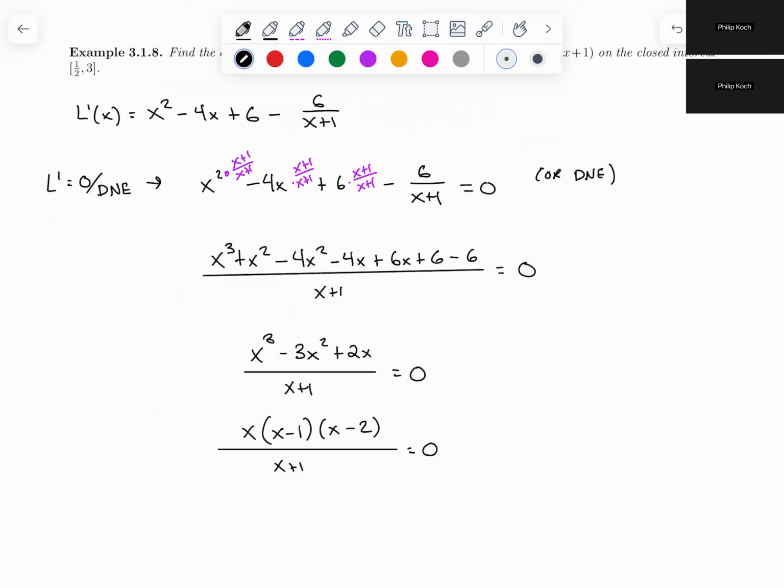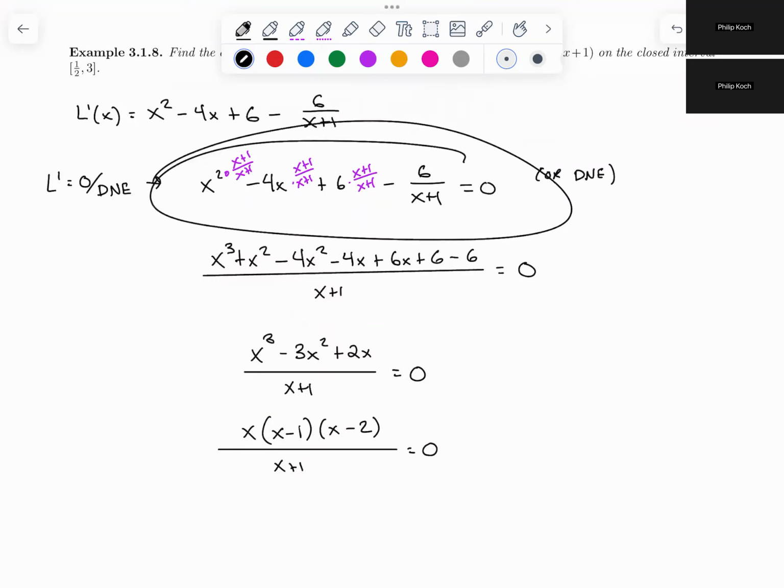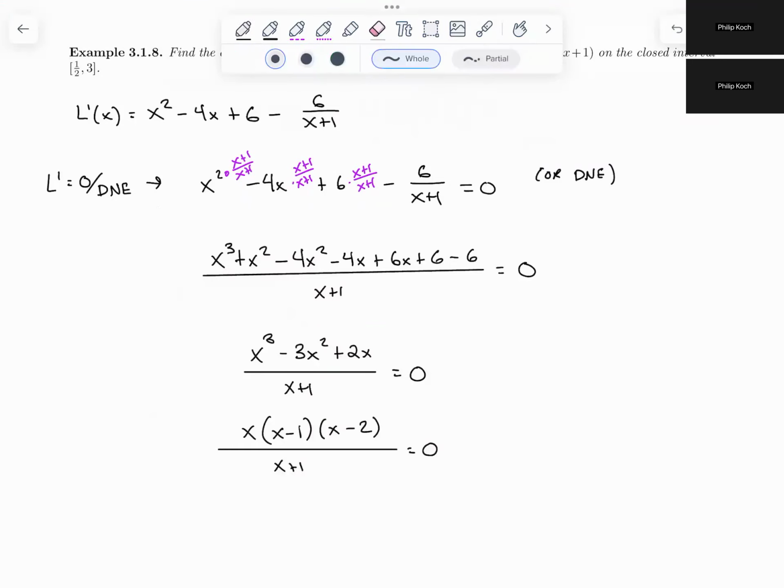On that algebra? So, to answer Louis' question about why we didn't multiply by x plus 1 throughout the entire thing, if we multiplied this part of the equation by x plus 1, all we would get is this, which would mean that all we get is this when we're solving it, which would make us lose out on the potential semi-critical, or it might be a critical value. It's neither in this case for weird reasons, but we lose out on that information.